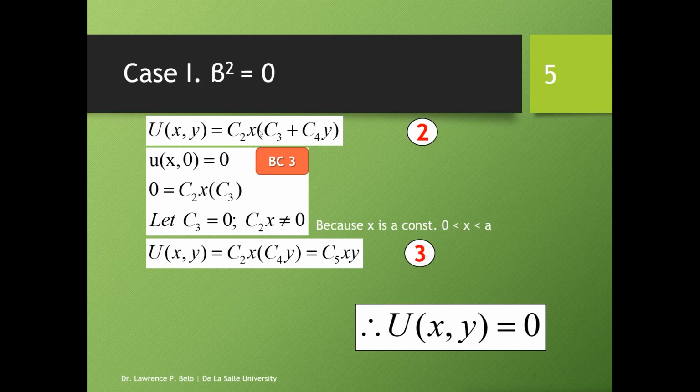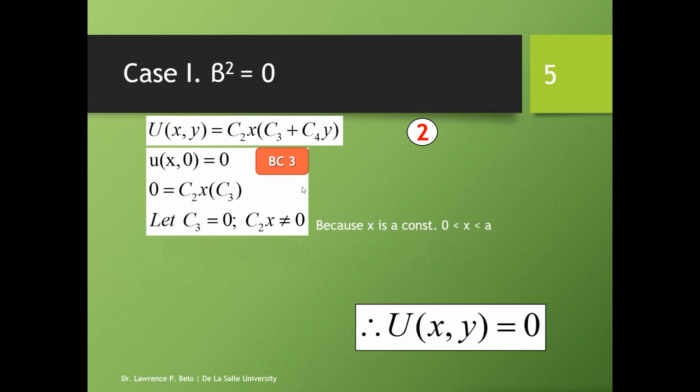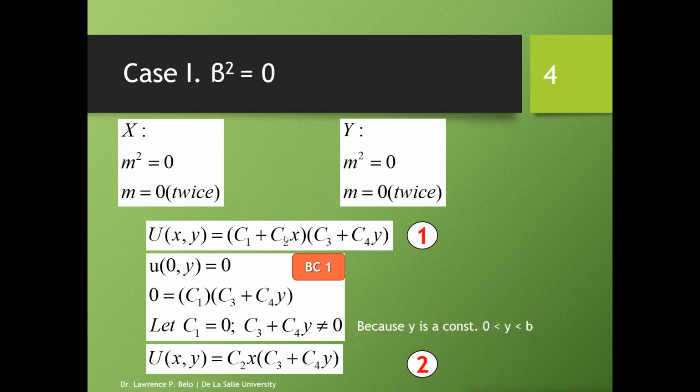I'm left with C2x times C3. In the product of this one, this C3 is what I made 0.